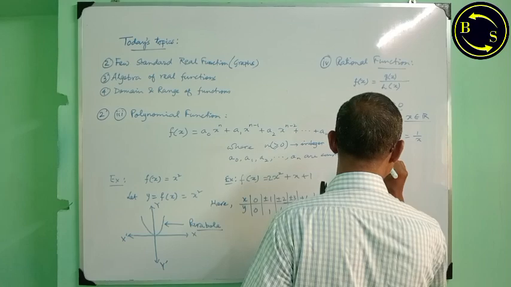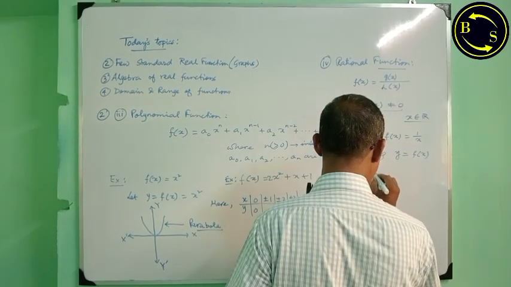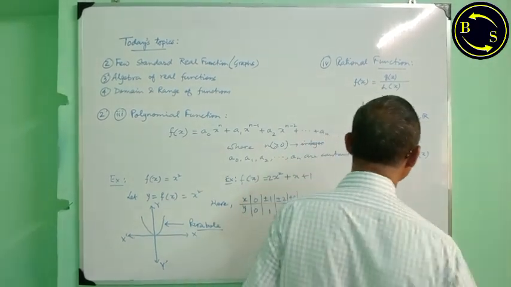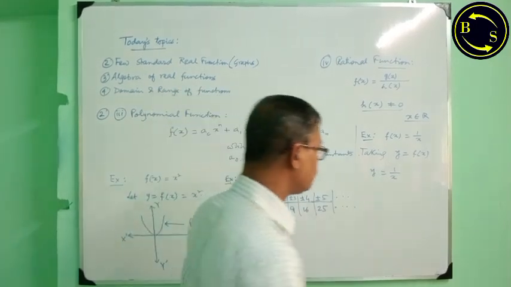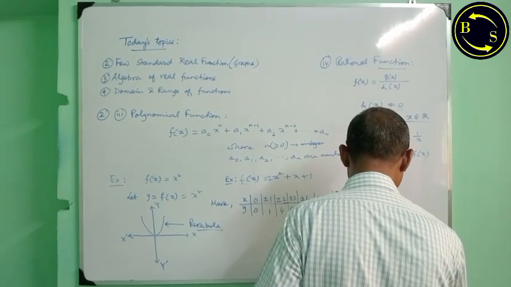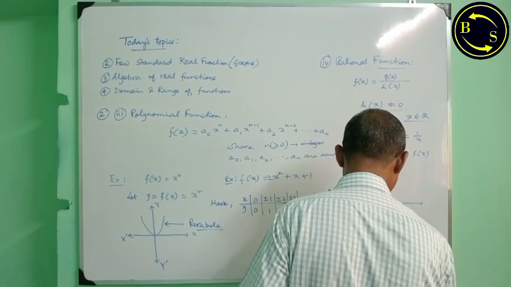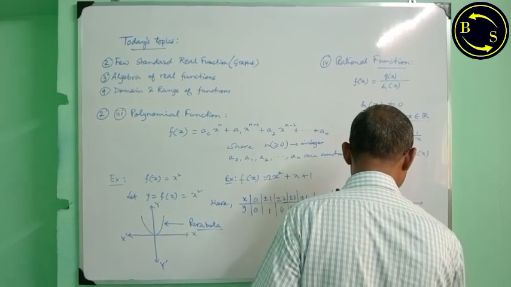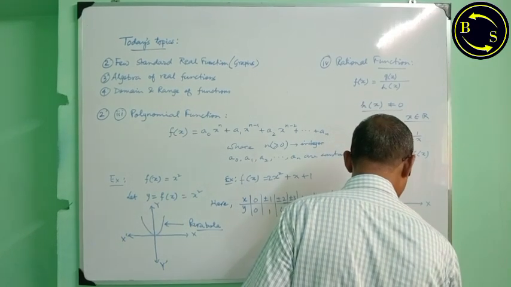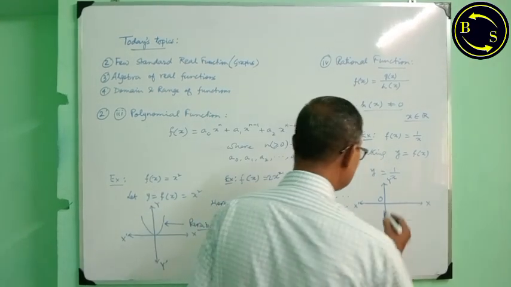Taking y equal to f(x), y will be equal to 1 by x, and if we form the table and draw the graph, the graph will be as follows.